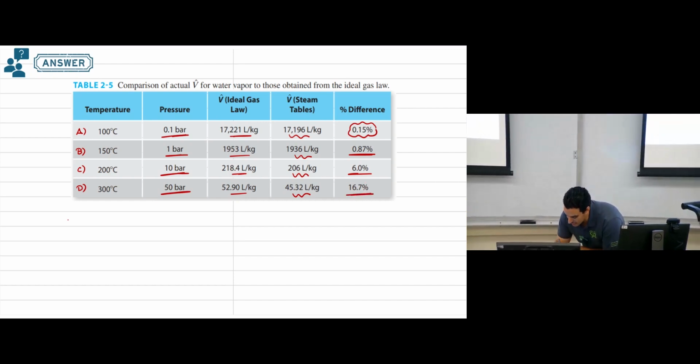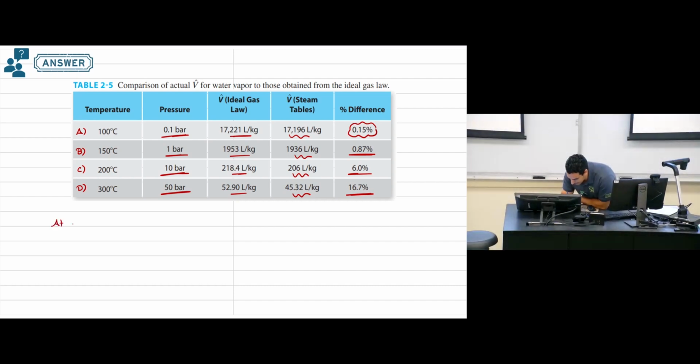So we can see that at low pressure, the ideal gas equation of state, which is PV equals RT, can give accurate results. And here roughly we can say for pressure values less than or equal to 10 bar.